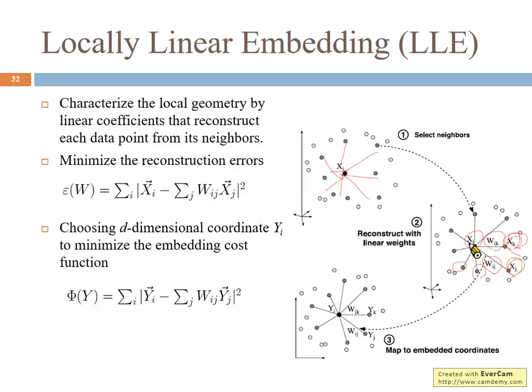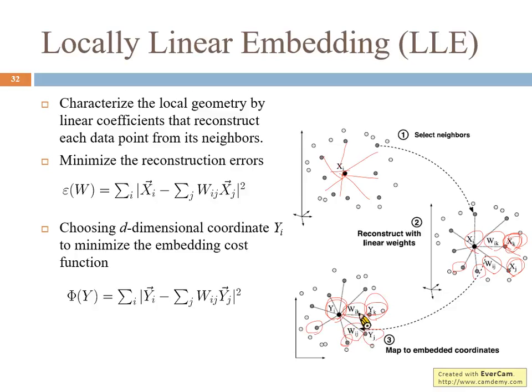When this data point xi is projected as yi, the lower dimensional representation of xi, with yk the low dimensional representation of xk, and so on, they assume that yi can also be linearly reconstructed by yk, yj, yp, yq, and so on, with the same linear coefficients wik, wij.